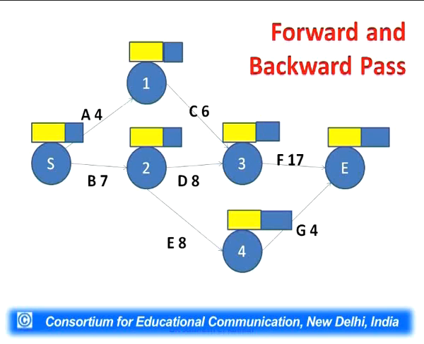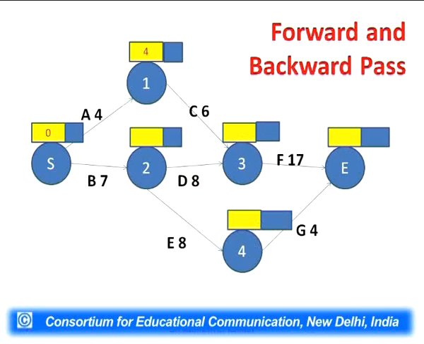At the beginning, the node S, because no time has elapsed, so we'll write 0, 0. 0 has been mentioned. In the milestone on the node 1, 4 has been written because we will reach the node 1 only after 4 days after completing activity A. So this is the way to complete the milestones.